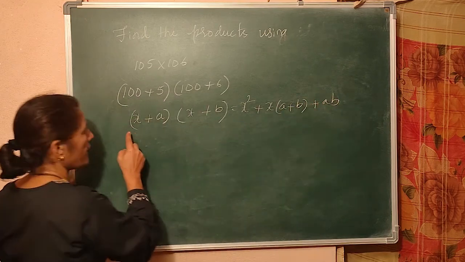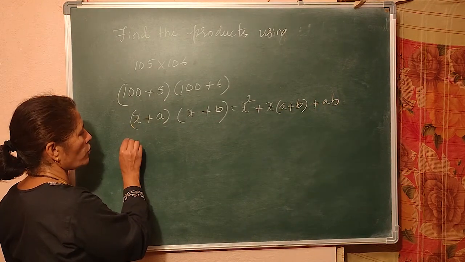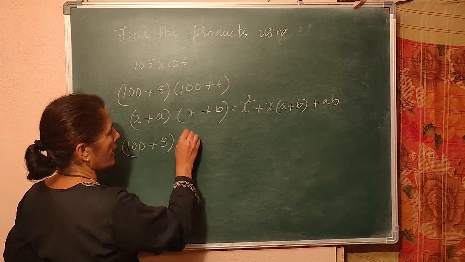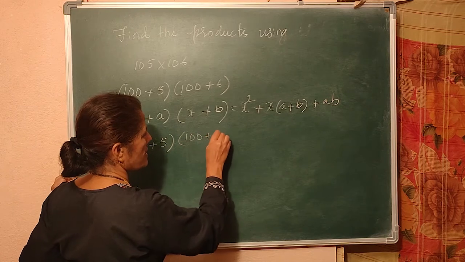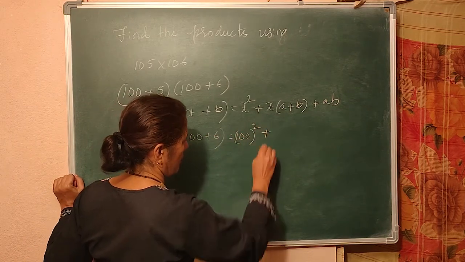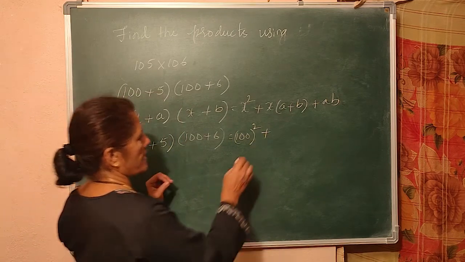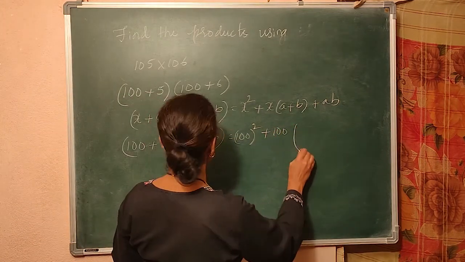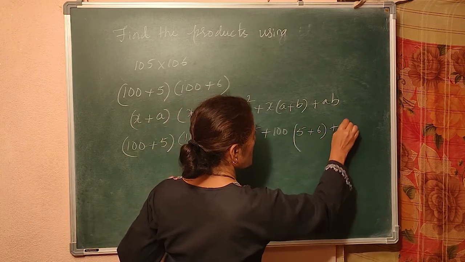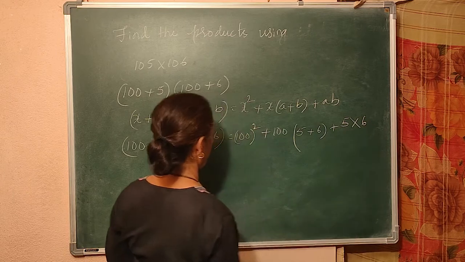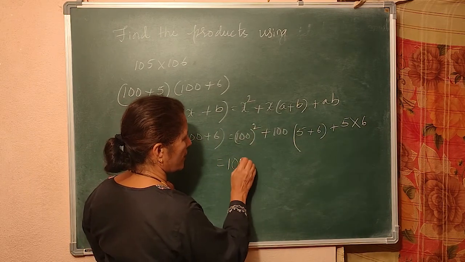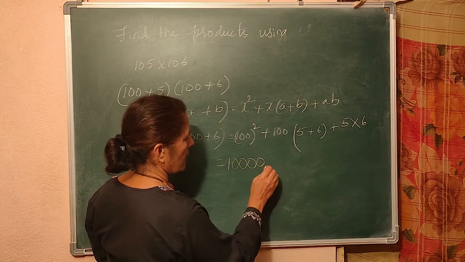So can you tell me, in the place of x, what is there? (100 + 5)(100 + 6) is equal to 100² plus, in the place of x 100, in the place of a 5 plus 6, plus 5 into 6. So 100 square, if there are 2 zeros in the number, in the square there are 4 zeros.